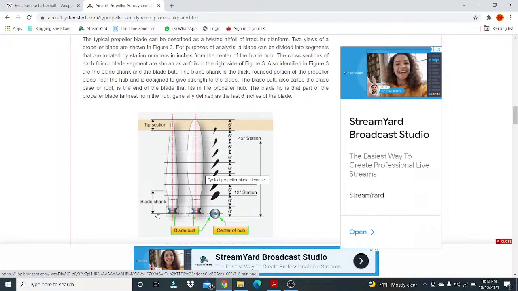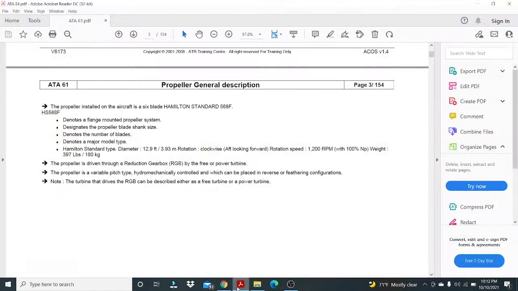So yeah, this is the blade shank from butt to the deviation. Right. Okay. So now blade shank is over.